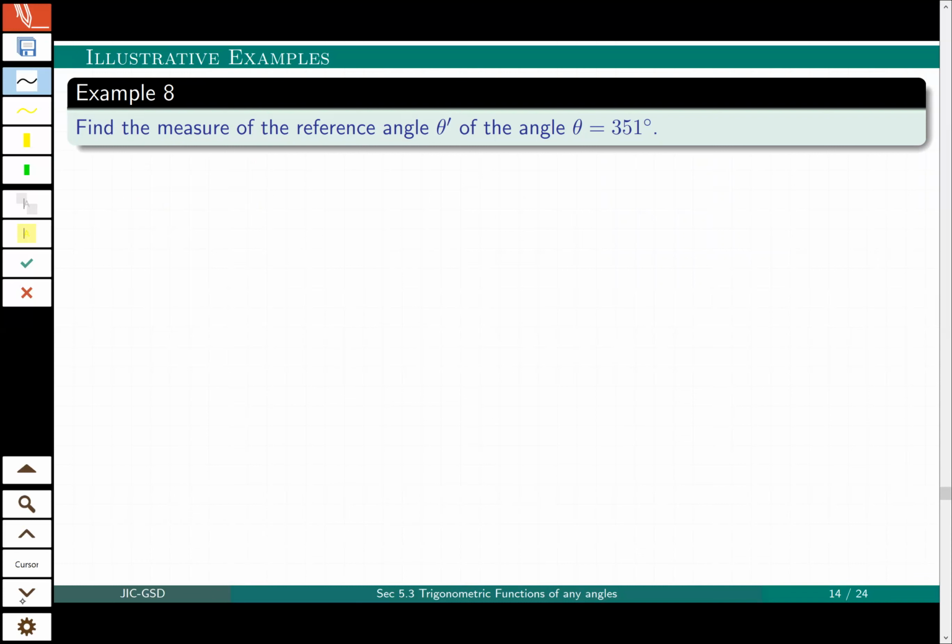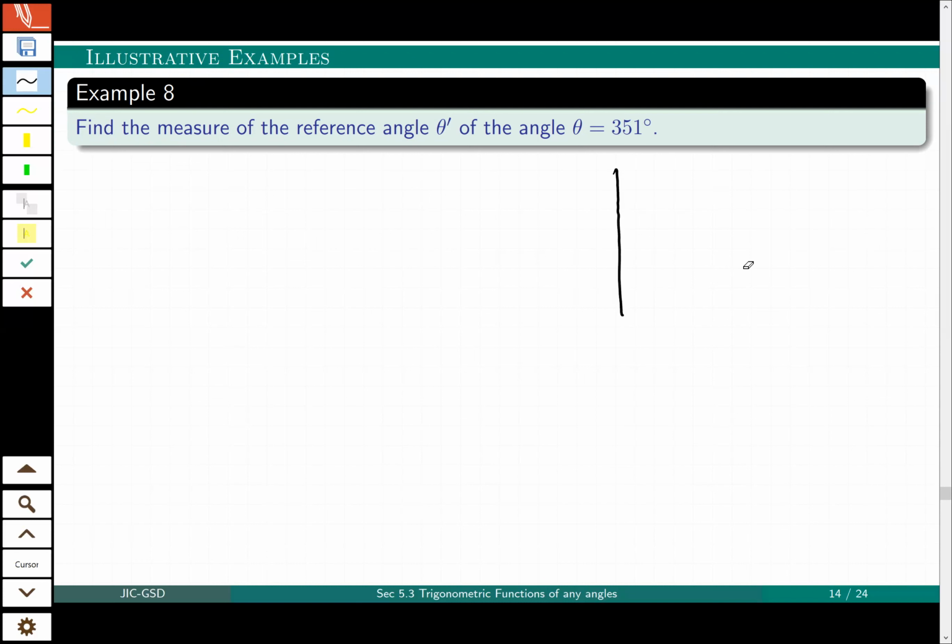First example, example number 8: find the reference angle of 351. Of course, when we speak about reference angle, first we need our angle to be between 0 and 360. 351 is between 0 and 360. In which quadrant?